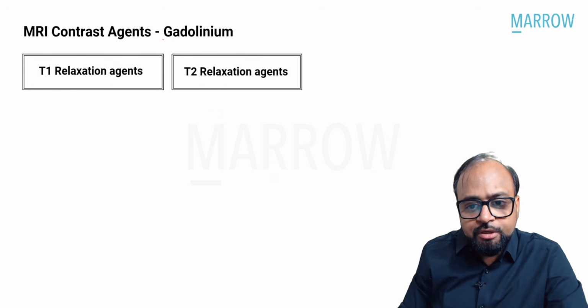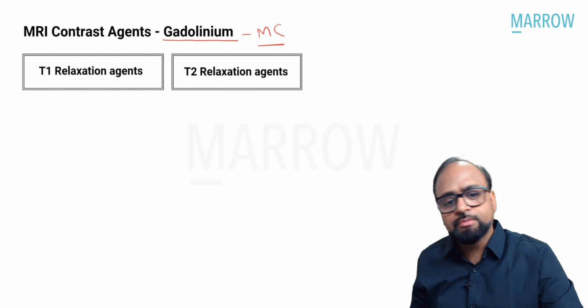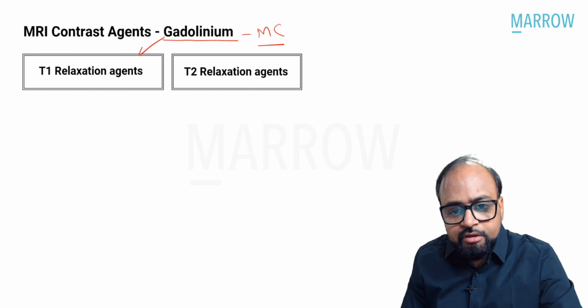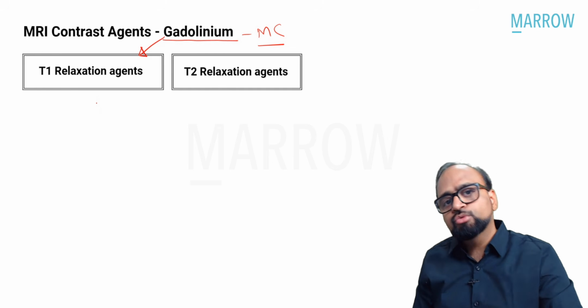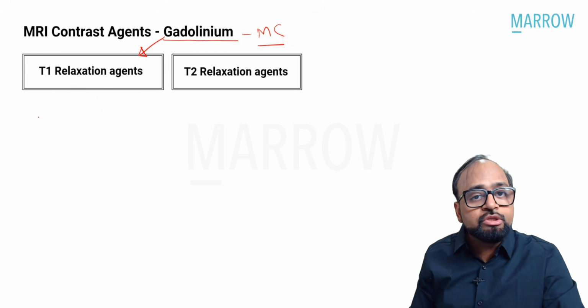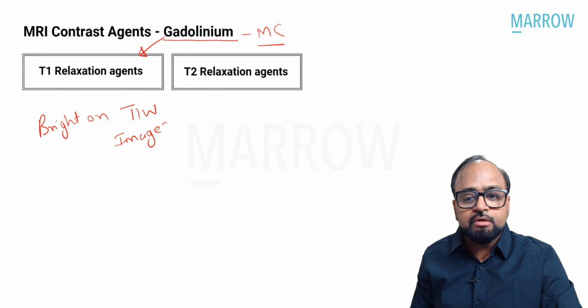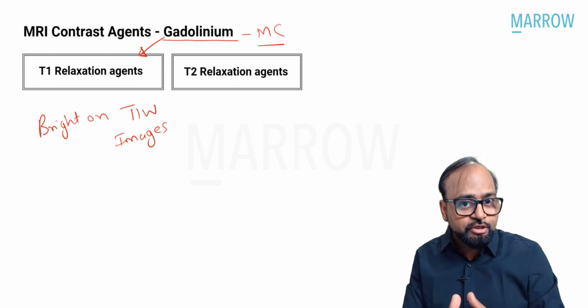Remember, gadolinium is the most common MRI contrast agent which is used. It is an example of a T1 relaxation agent. It causes shortening of the T1 relaxation time.